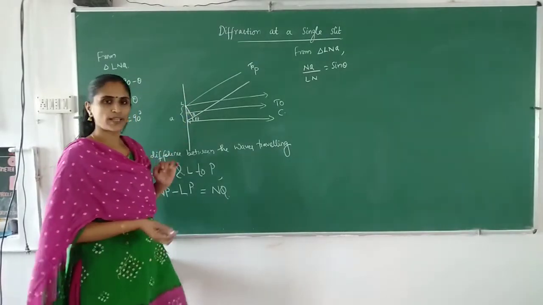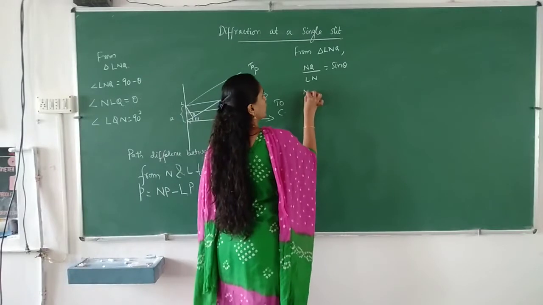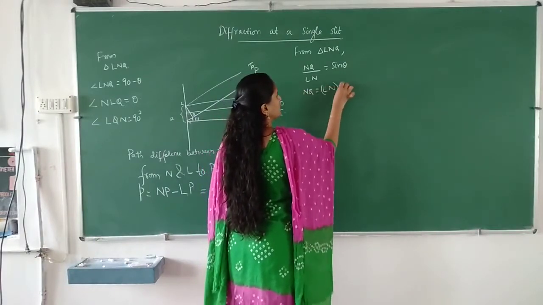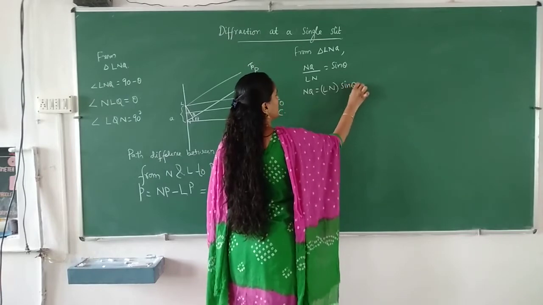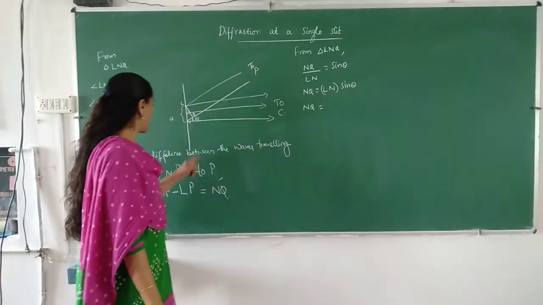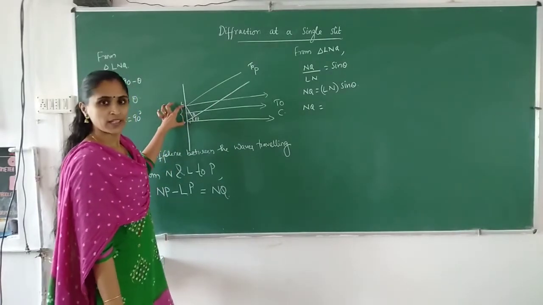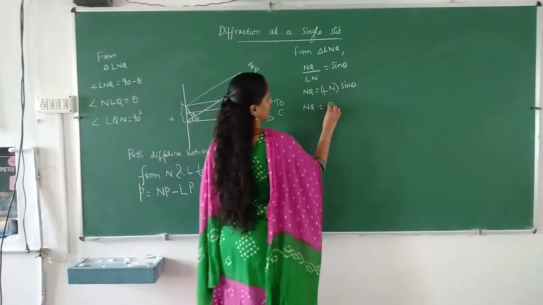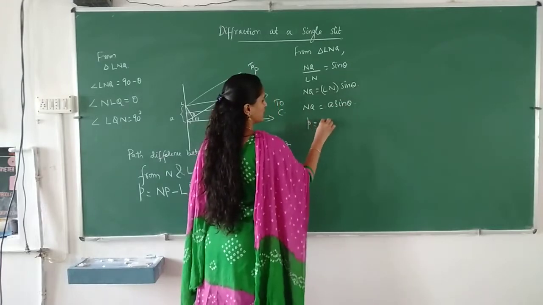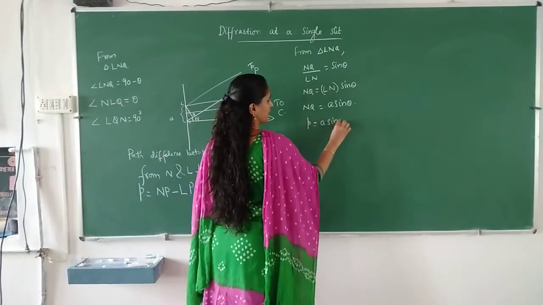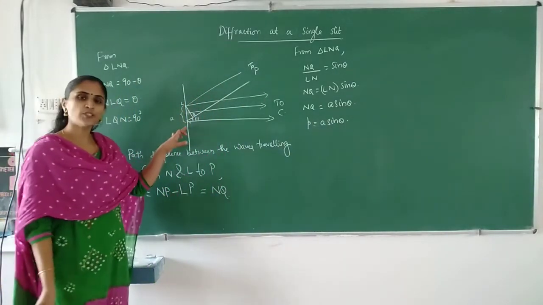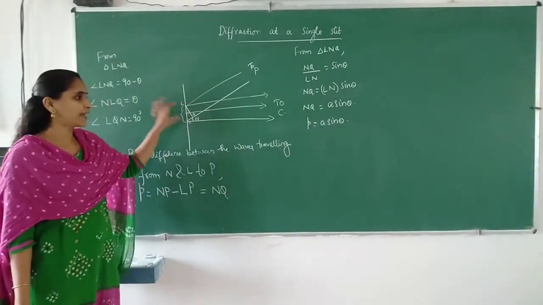Or we can write NQ is equal to LN into sin theta. What is LN? LN is the width of the slit, a. So we can write the path difference is equal to a sin theta. This is the path difference between the two waves which are separated by a.